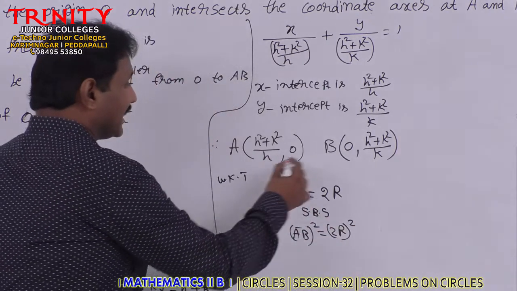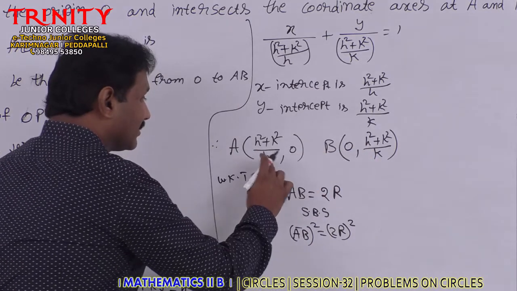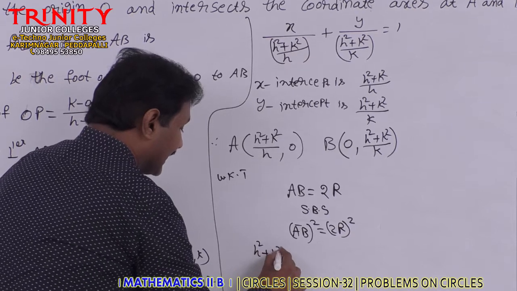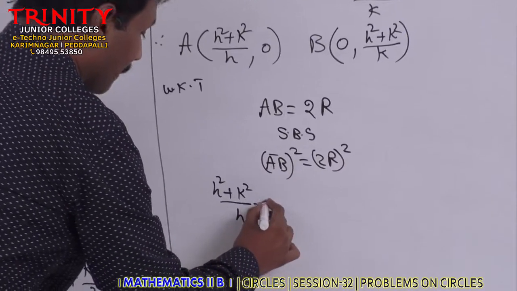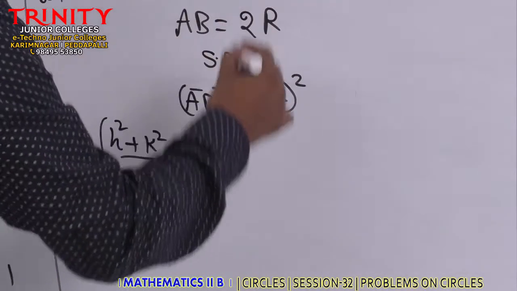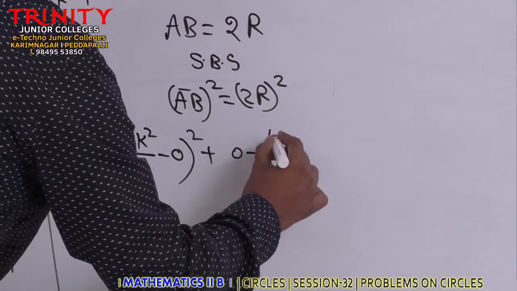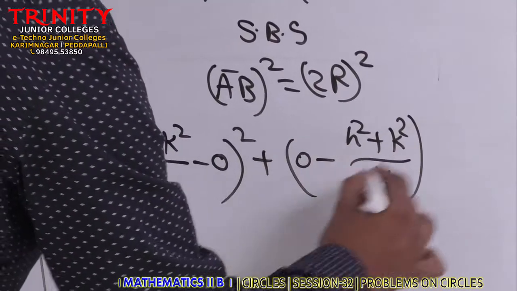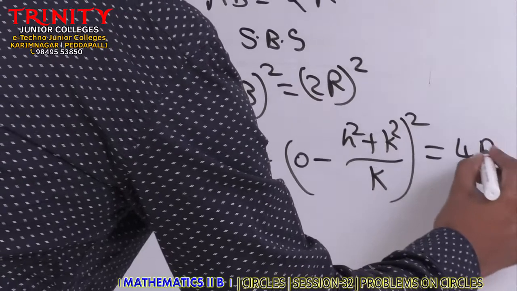AB square means the distance: x2 minus x1, that is (h square plus k square by h minus 0) whole square, plus (0 minus h square plus k square by k) whole square, equals 4R square.